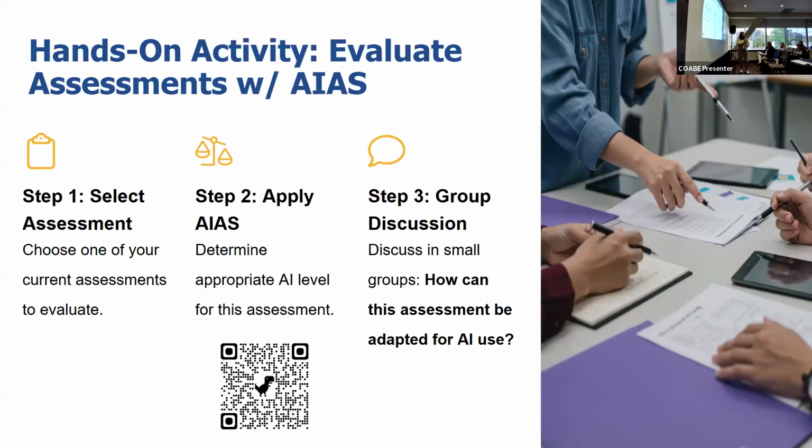And then would you consider integrating AI in your essay prompt? Okay. So work together if you want. So after that, you'll discuss in small groups how this assessment can be adapted for AI use.